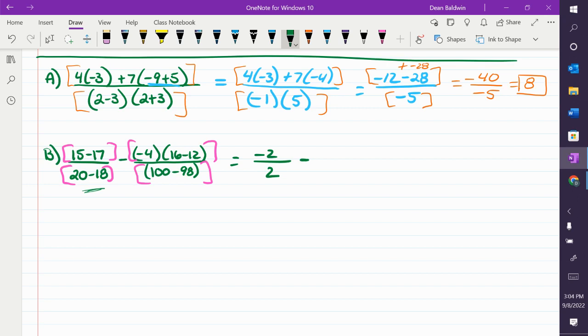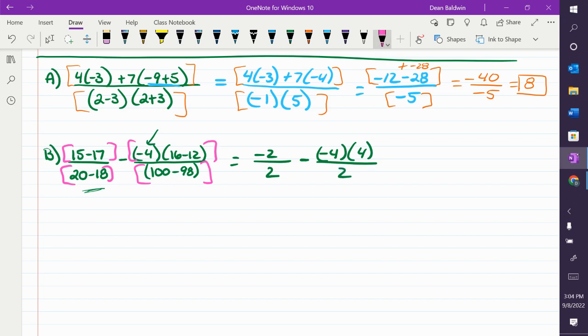In this one, what do I have to do first? 16 minus 12 because it's within brackets, right? What's 16 minus 12? 4. So now I've got negative 4 times 4. That's that one. 100 minus 98?